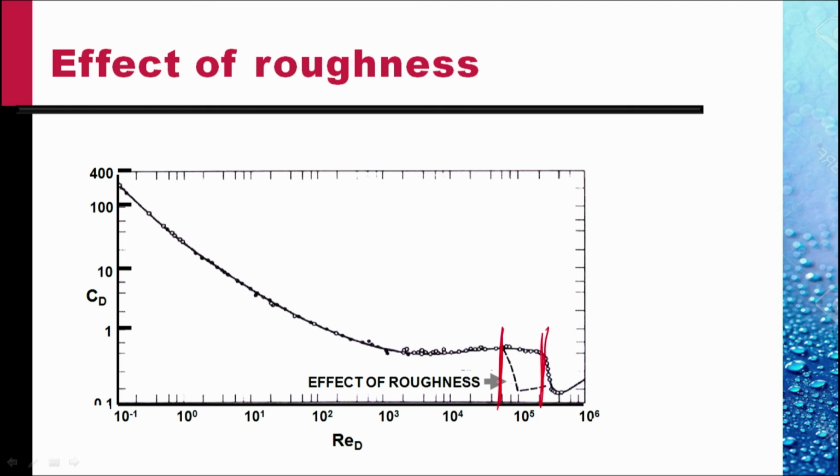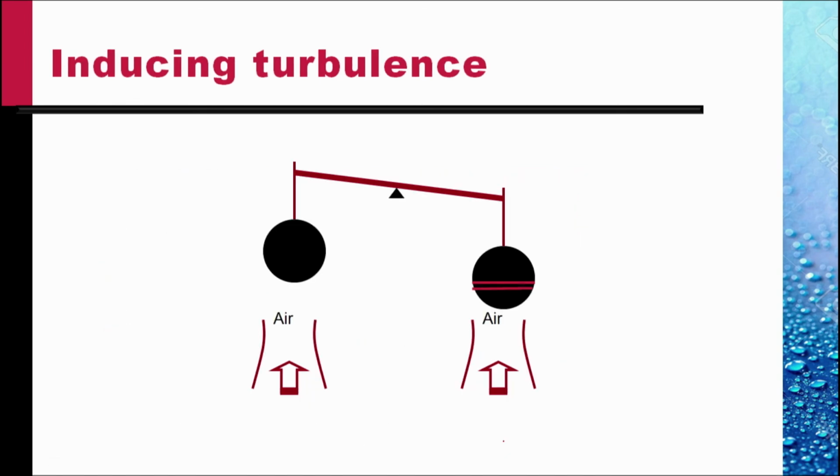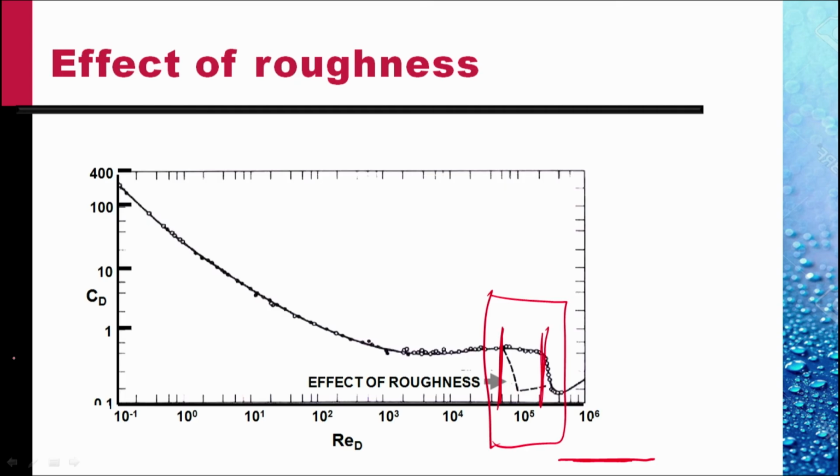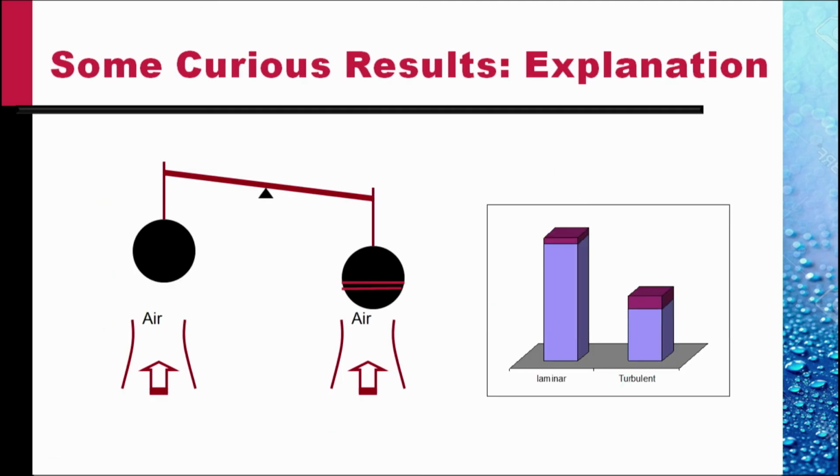Transition. And therefore, this is the domain in which the experiment illustrated here would be visible. In this, the drag on the smooth sphere would be larger than the drag on the rough sphere, as shown here.